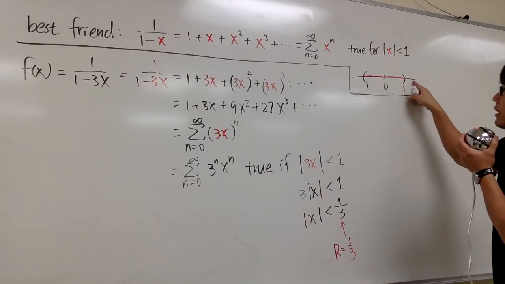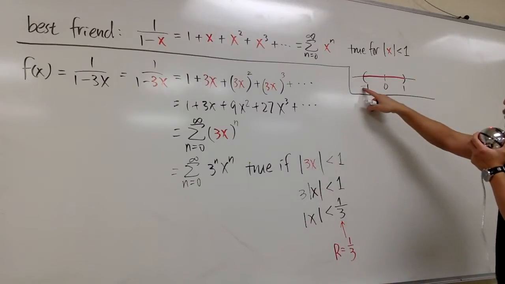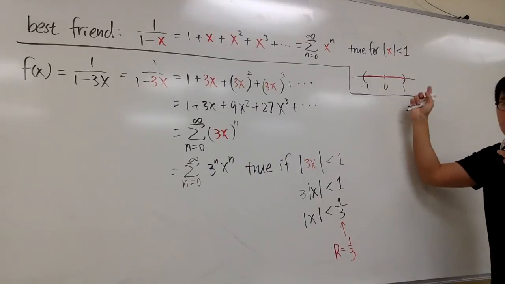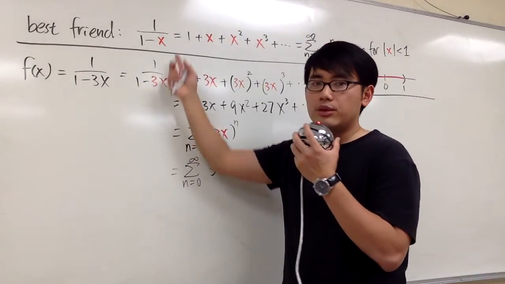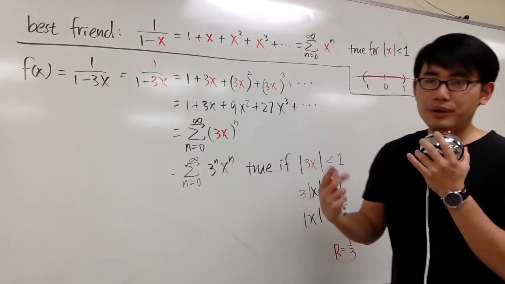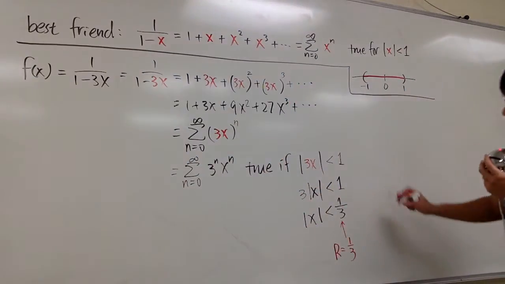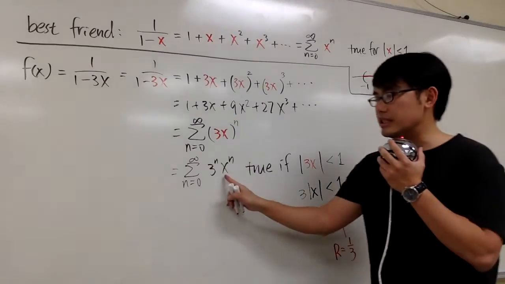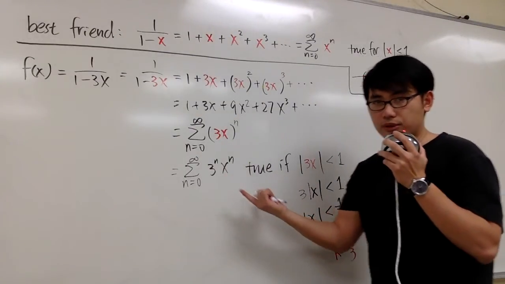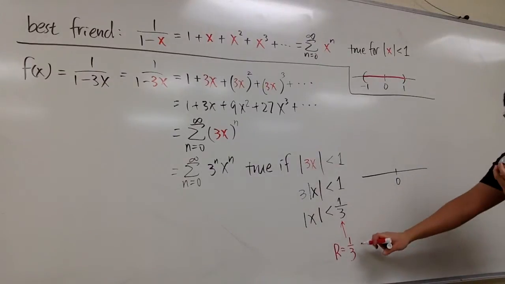Okay? And now let's talk about the interval of convergence. Our best friend converges only when we have -1 to 1, and we didn't include the endpoints. And because we are only doing algebra by plugging the 3x into our best friend, we are not going to include endpoints as well. So the center is also at 0 because as you can see, this is x minus 0, pretty much. And then the radius of convergence is 1/3.